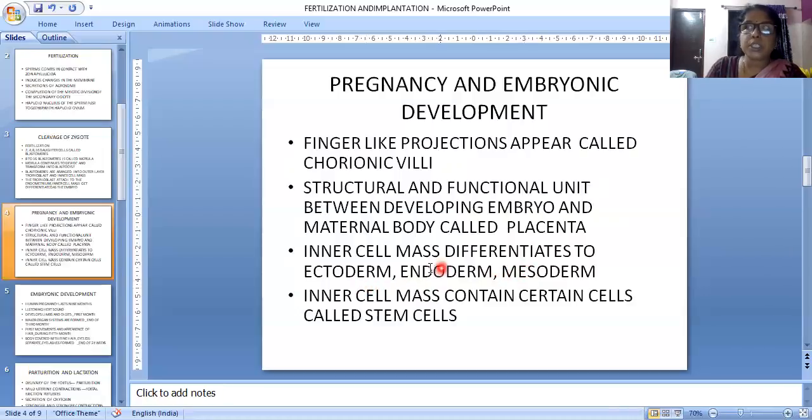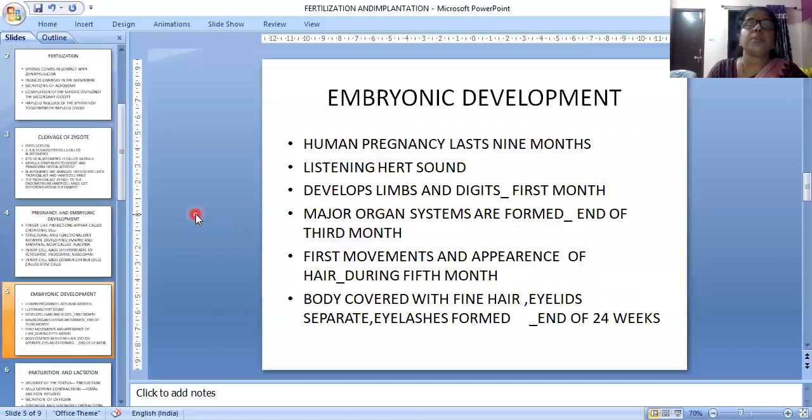In addition to these three layers, stem cells are also present. Stem cells are very important because they have the potency to develop into any organ or tissue of the developing embryo. So the inner cell mass contains certain cells called stem cells.